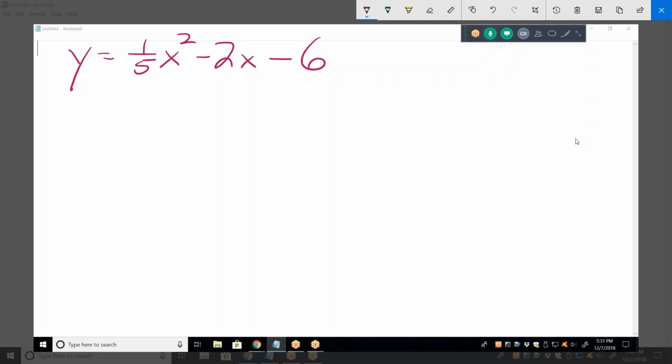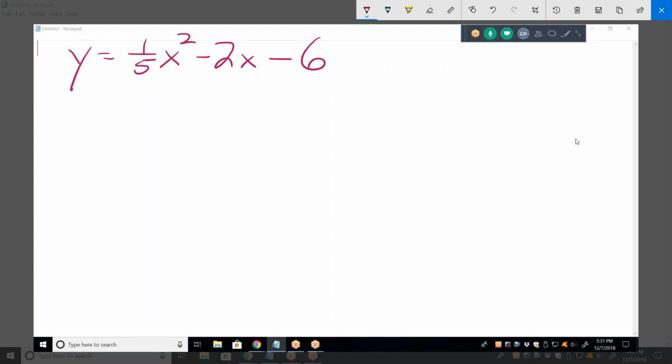They want you to graph it? Yes. This is going to be a little harder when it's in standard format. There's a couple of ways to do it. We could complete the square and put it in vertex format, but that's pretty hard. So let's not do that.